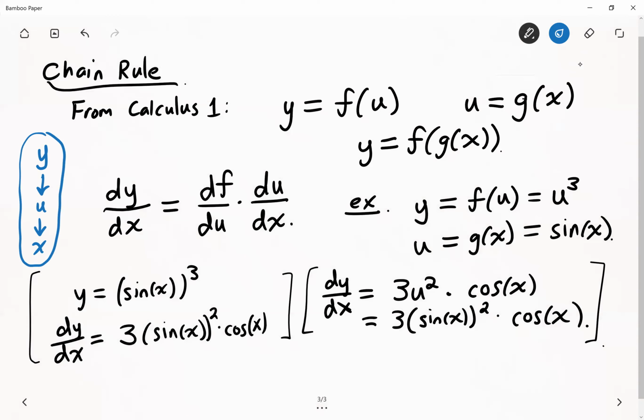The arrows indicate dependence. As x changes, the value of y changes as well, but it depends on the change that x creates in u and the change that u creates in y. And so I like to think of this as a chain rule diagram.